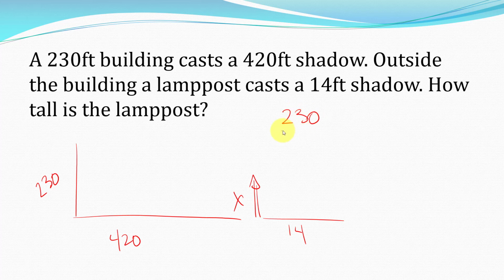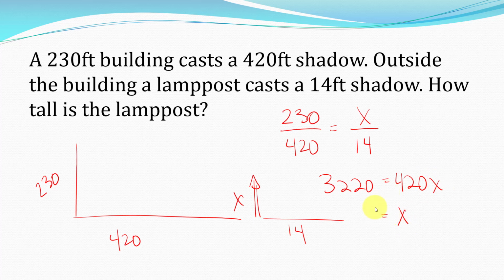So height over shadow equals height over shadow. Cross multiply. Solve for x. And the lamppost is about 7.5 feet tall.